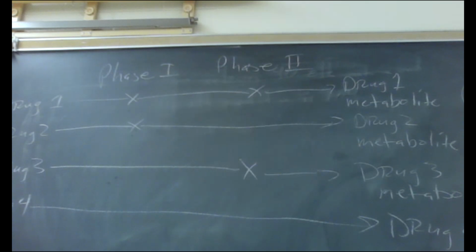Now, 1A2. 1A2 is very heavily induced by cigarette smoking. For this reason, cigarette smokers might need to be dosed up on certain drugs because their liver is in overdrive.